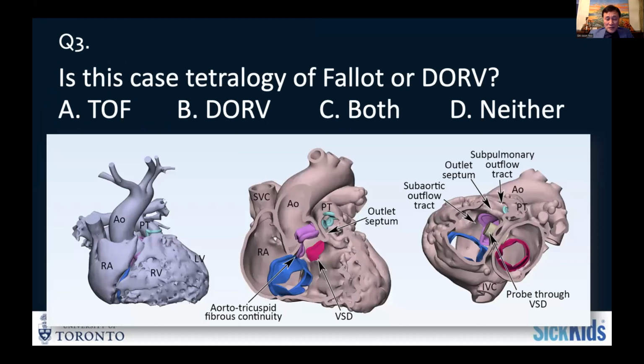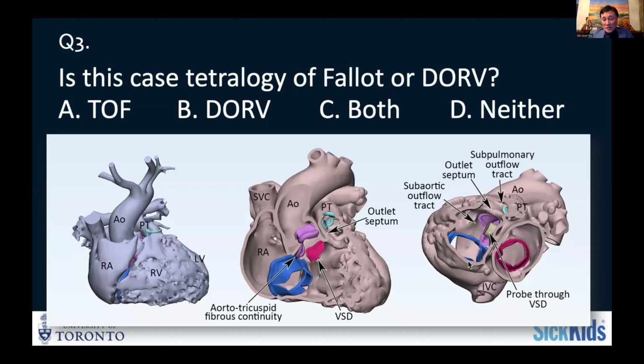And then third, this case opens the right side of the heart: right atrium, right ventricle, and aorta. There is subpulmonary outflow tract obstruction, a small pulmonary valve, and the VSD is underneath the aortic valve.